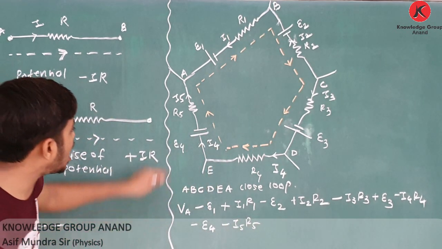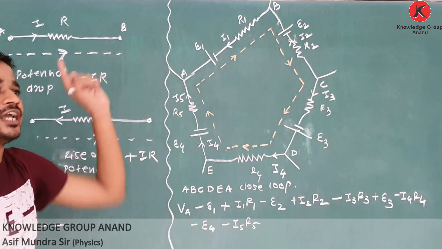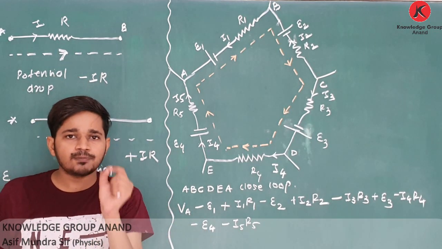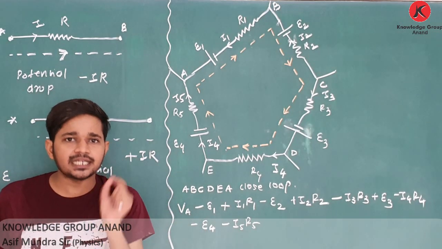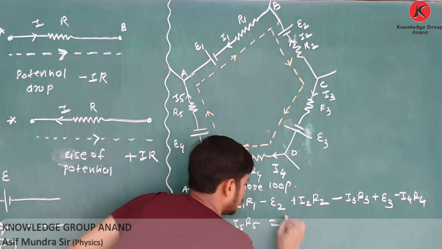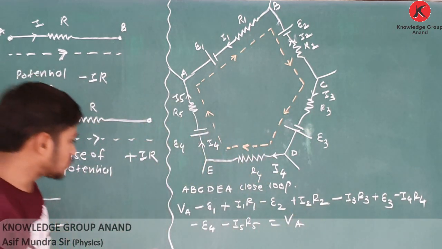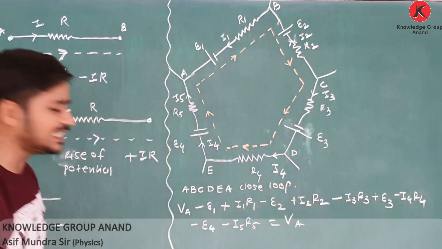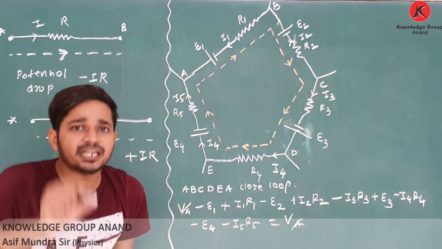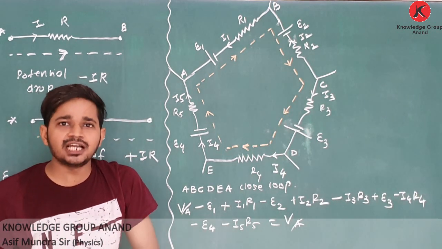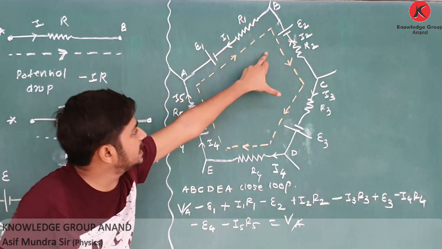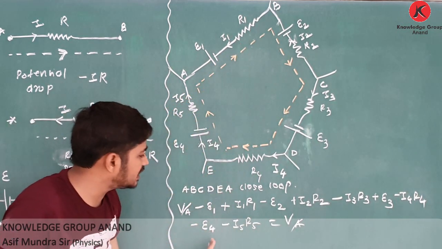Okay, and now we are again at point A. According to the law of conservation of energy, the potential at a point in a circuit remains the same; it does not change with time. So VA equals VA. If I cancel this VA and VA, then the algebraic sum of potential drops across cells and resistors is equal to 0.